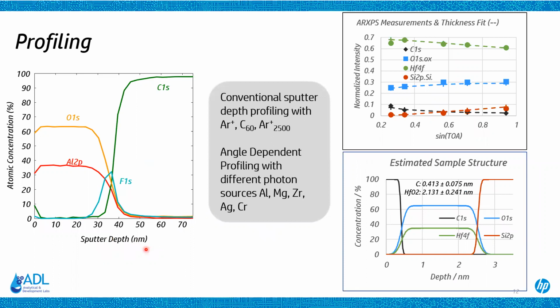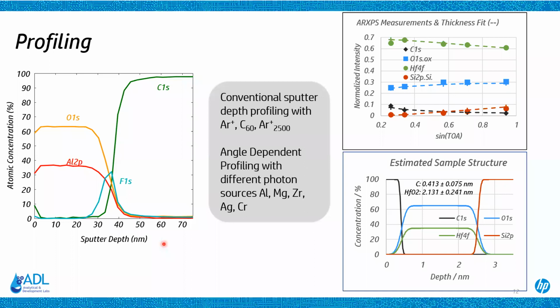But there are other ways to measure thickness as well that we all commonly use. One is to do a sputter depth profile. And in this day and age of different kinds of ion sources, people will commonly use monatomic argon. They may use C60. They may use a gas cluster gun, like argon clusters.